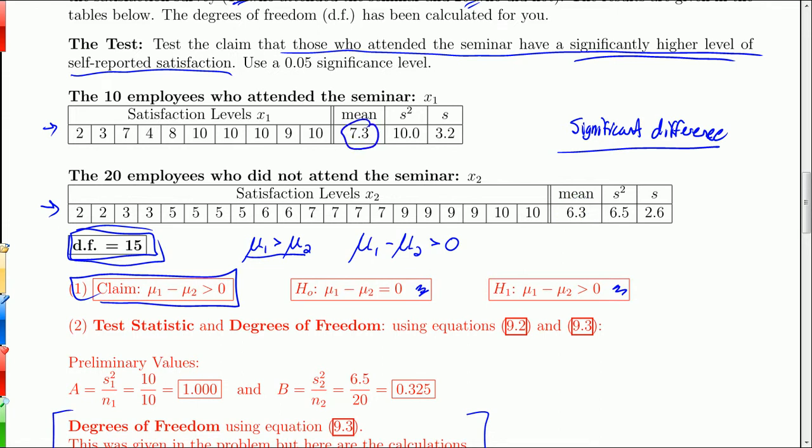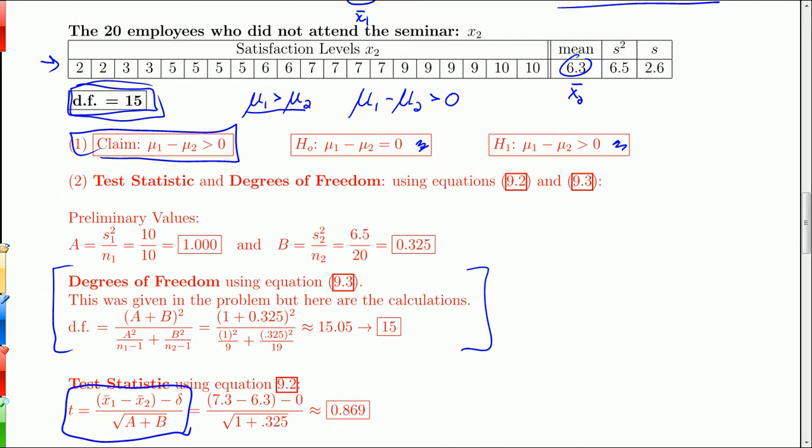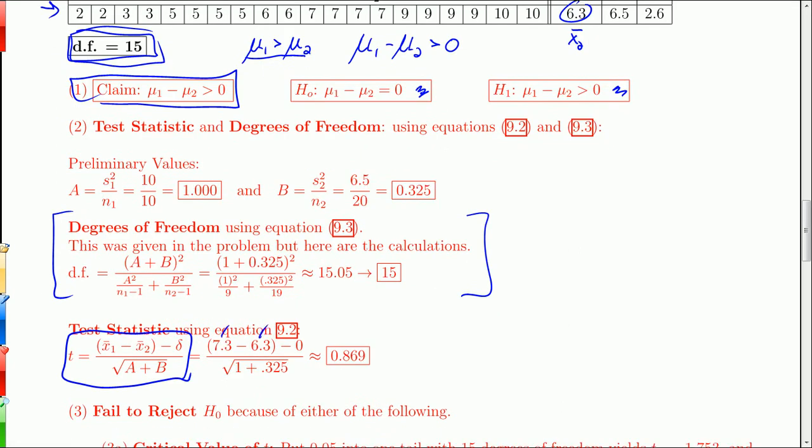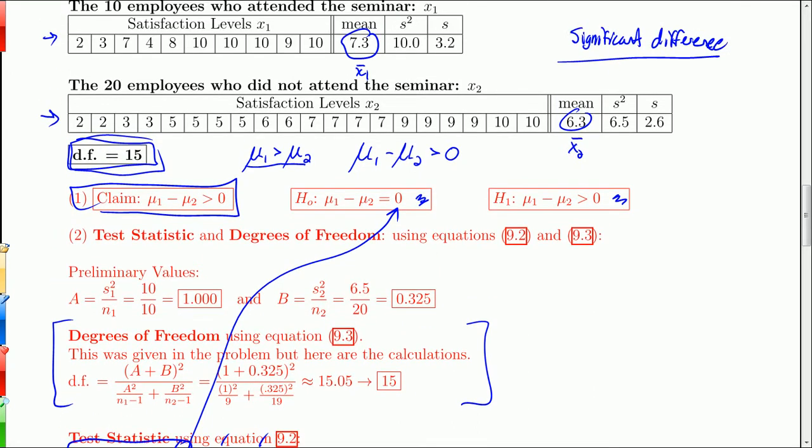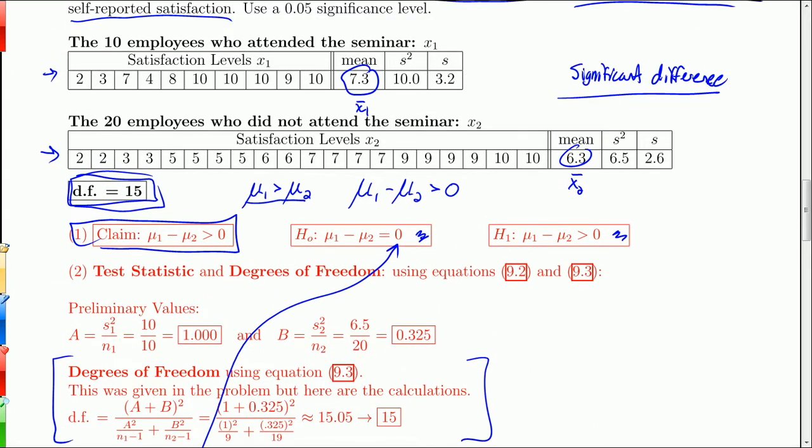Right? x1 bar. And x2 bar is right over here. That's the 6.3. So it's 7.3 minus 6.3. Delta comes from the null hypothesis, and that's 0. Divided by A, and I calculate A here, the variance of the first sample, 10, divided by the first sample size, which is 10. So I get 1. B is the variance of the second sample, 6.5, over the size of the second sample, which is 20.